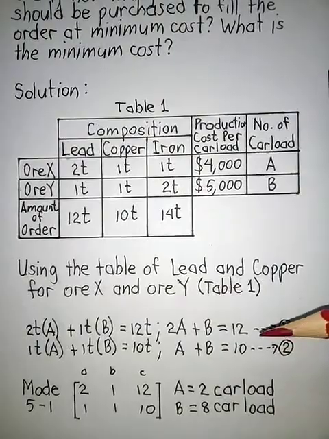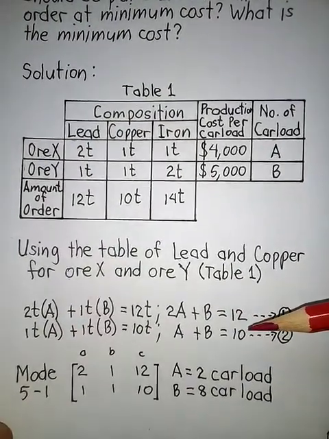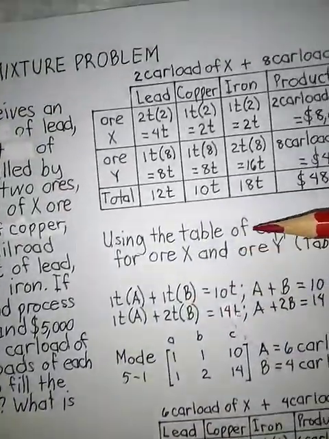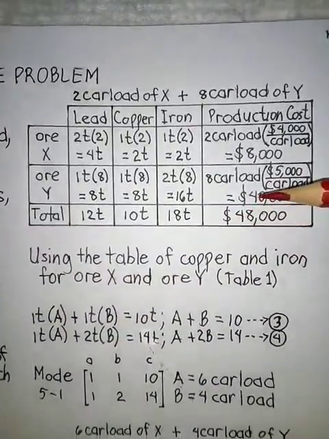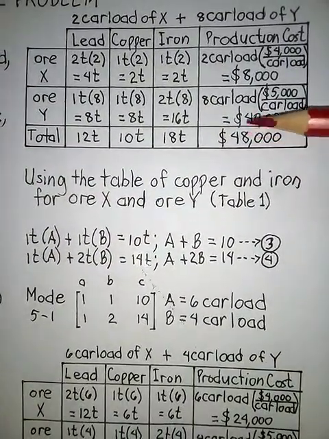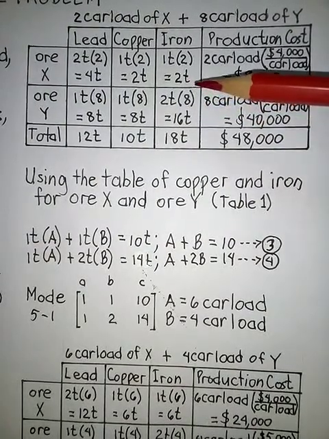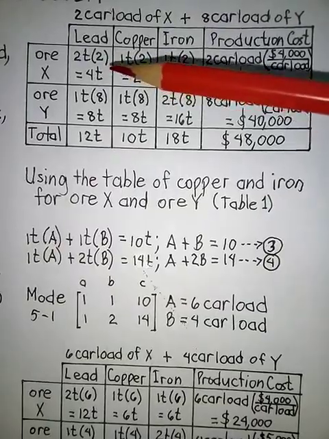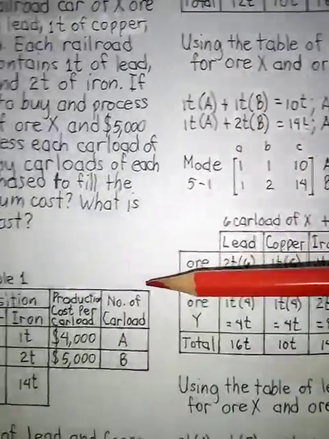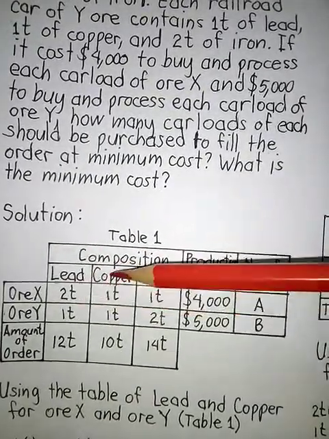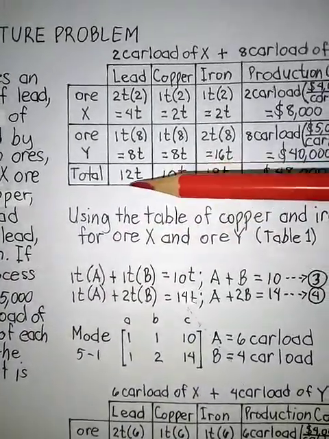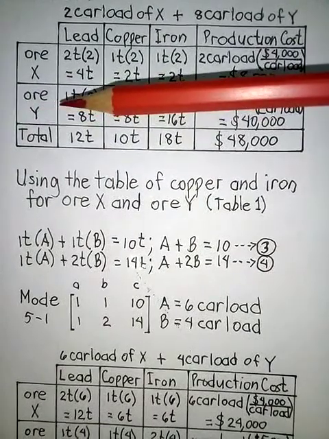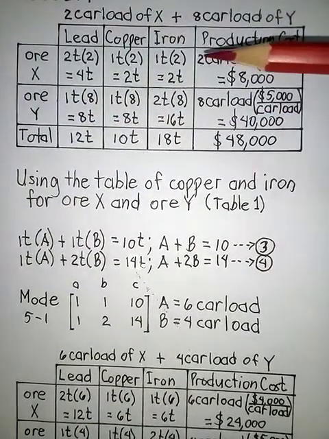Let us tabulate what we have solved. The result is 2 carloads of X and 8 carloads of Y for the table of lead and copper in our previous table here.